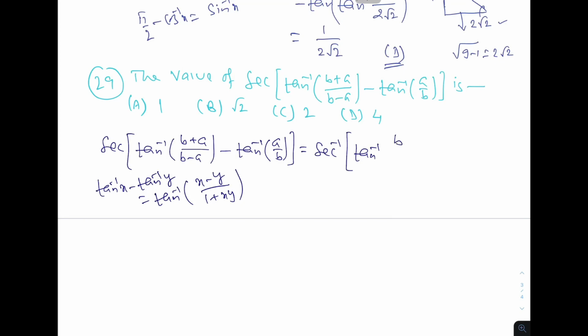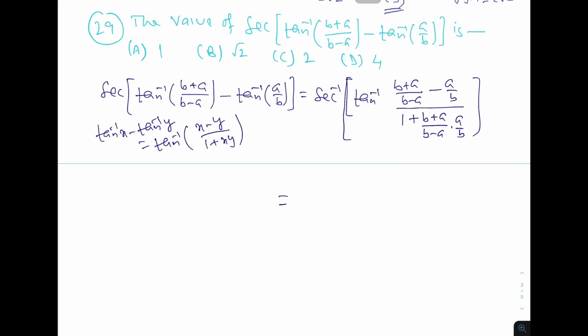So this is tan inverse of (b plus a over b minus a minus a by b) over (1 plus b plus a over b minus a into a by b).